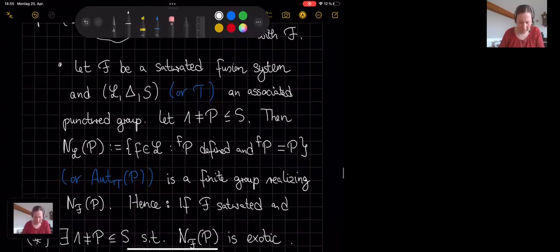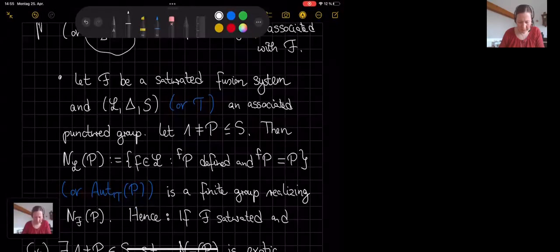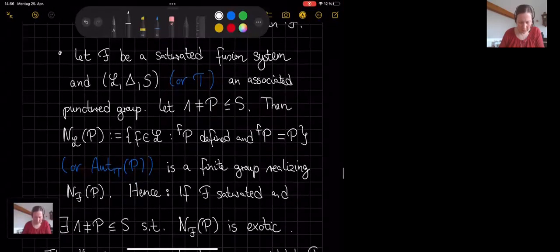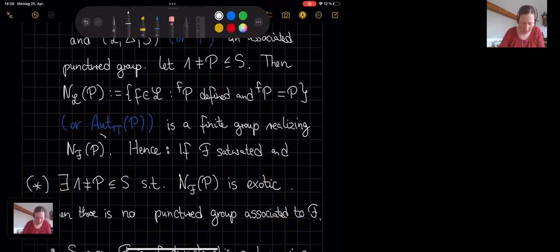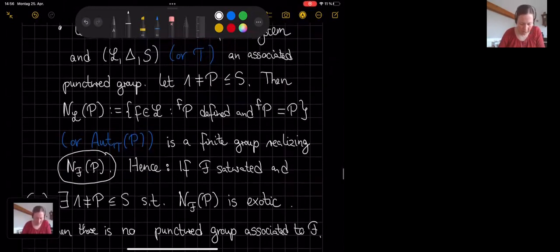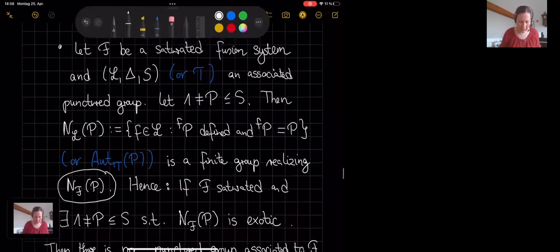So next comes a condition which says that there is no punctured group. So if F is a saturated fusion system and there exists a punctured group, then one can see that actually if I look at this normalizer in F of P and I choose P suitably up to conjugation, such that the normalizer in F of P is saturated, then this is always realized by a finite group.